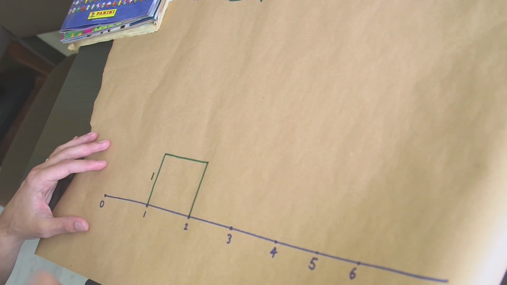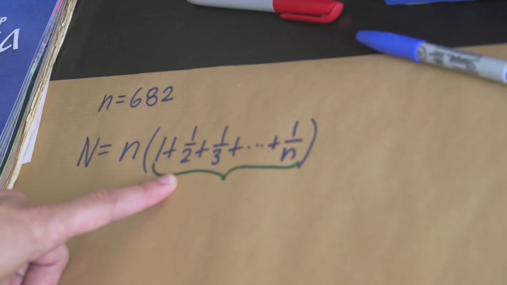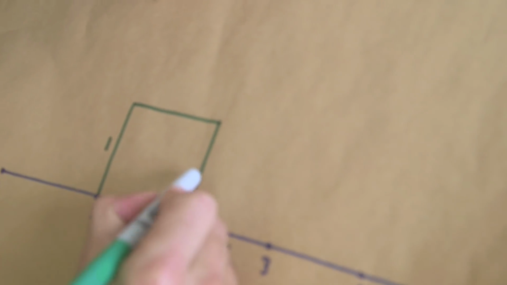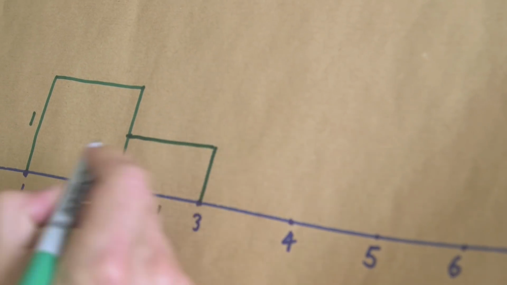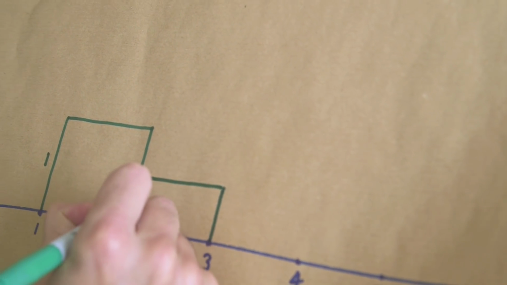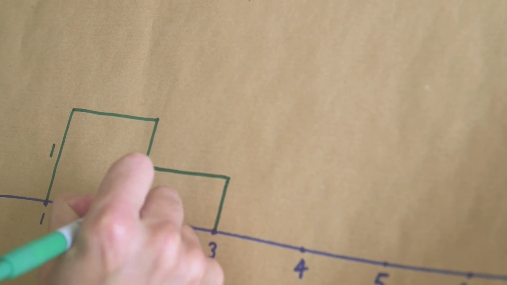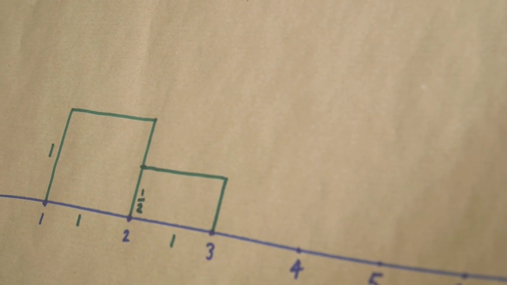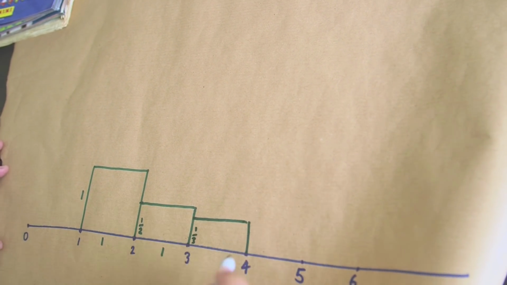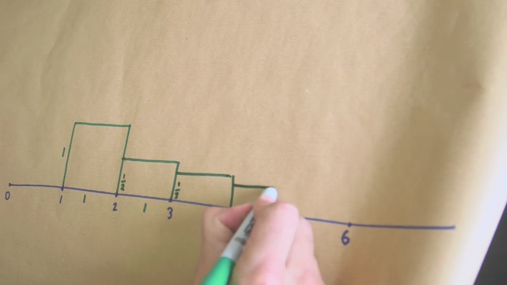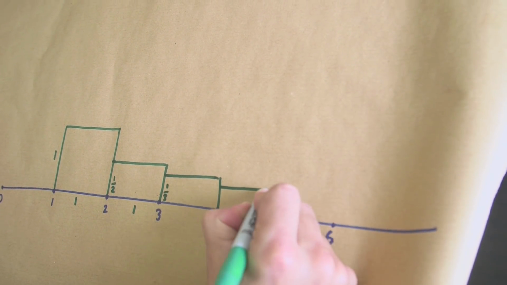This is height 1. 1/2 is the area of a 1 by 1/2 rectangle. So let's go to half of this. And now this little piece is 1/2. 1/3 is going to be, if I put a height of 1/3 over here, like this, and so on. So these little rectangles get smaller and smaller.